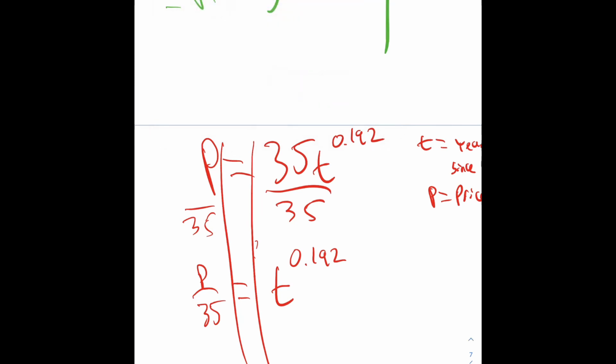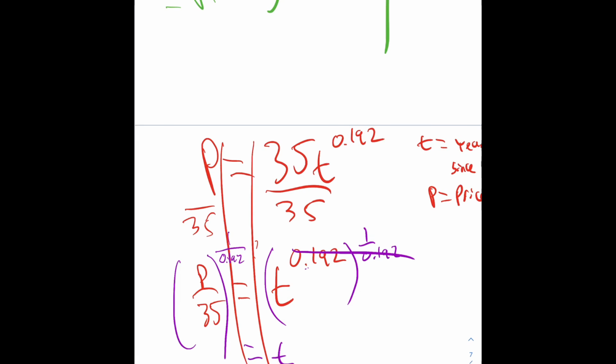So I'm basically going to try to cancel it out. I'm going to do that same thing over here, to the 1 over 0.192. And the point of doing that is that I get the same thing on the top and the bottom, so it cancels out. So I'm left with t.